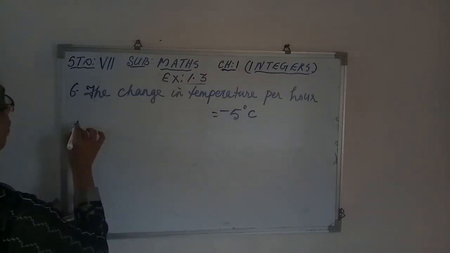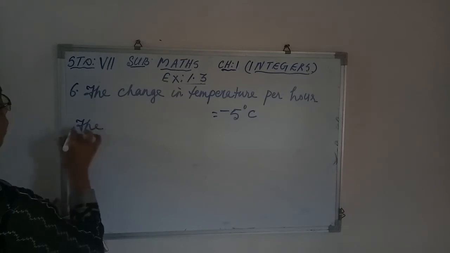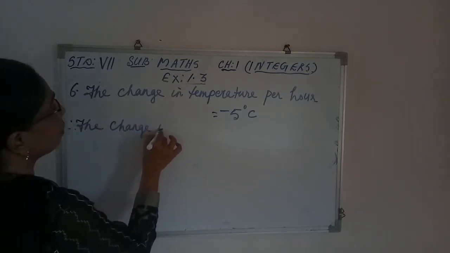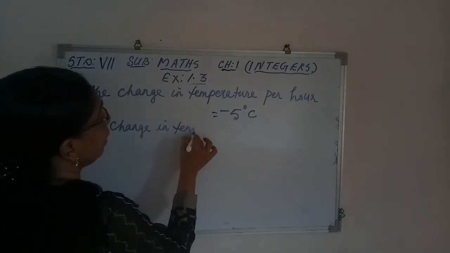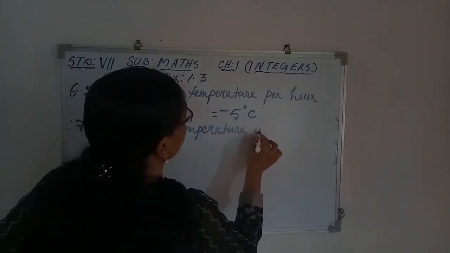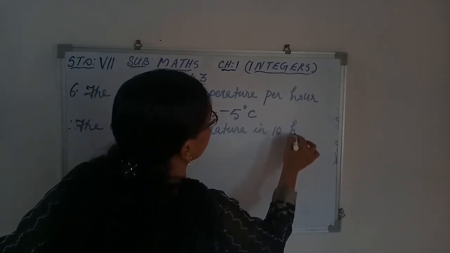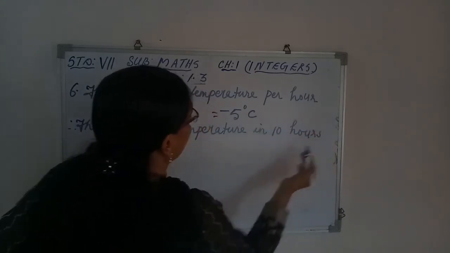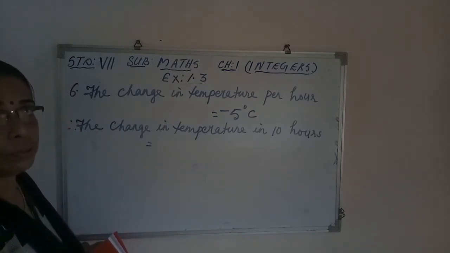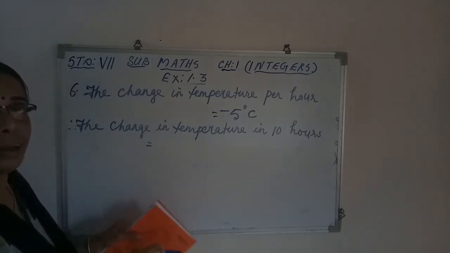Then what is the change in temperature? So therefore, the change in temperature in 10 hours. How will you find out? Same way, cost of 1 pen, 5 rupees. What's the cost of 5 pens? 5 into 5.